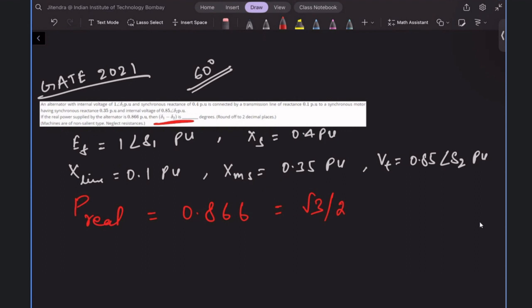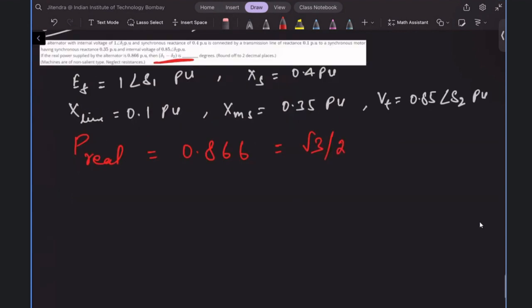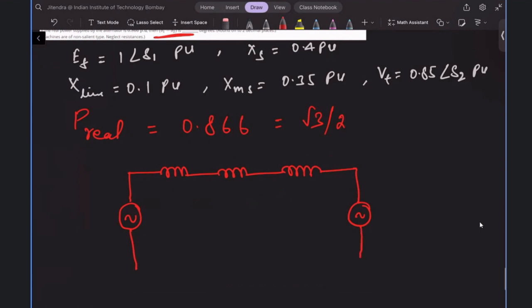Again, I can't emphasize enough: when you are dealing with a synchronous machine, you have to draw the equivalent circuit. Whoever solved this problem and got the correct answer, you have to lead me. What will the connection look like? So am I drawing correct? Yes, sir.